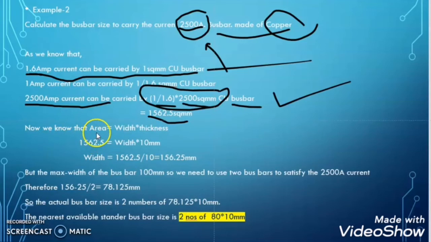Now, as we know, area is equal to width into thickness. Thickness is always 10 mm, so I wrote here thickness is 10. We calculated the area, 1562.5, so we got the value of width equal to 156.25 mm.